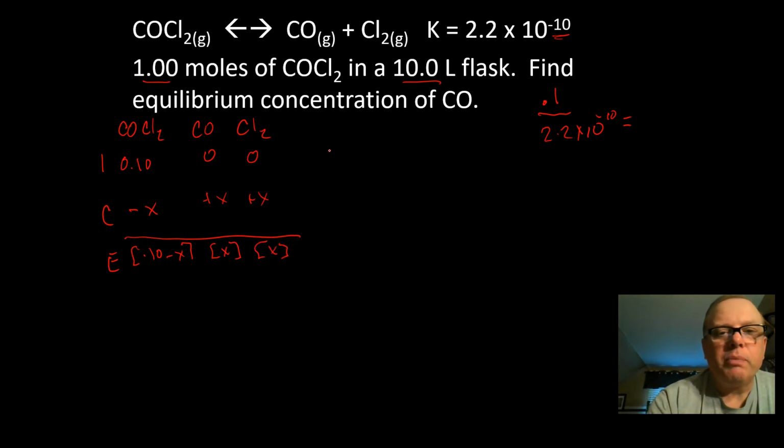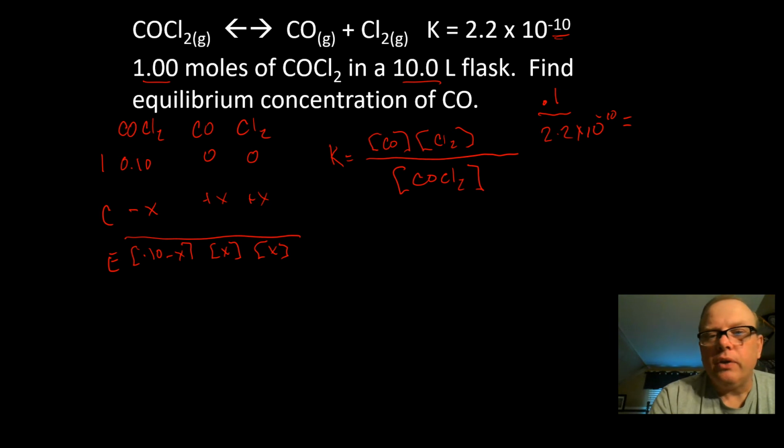So my K expression, K, will be equal to, on the top, the carbon monoxide, chlorine gas, and on the bottom, the COCl2, which is the phosgene. There's no coefficients here, so nothing is brought up to any sort of exponent.